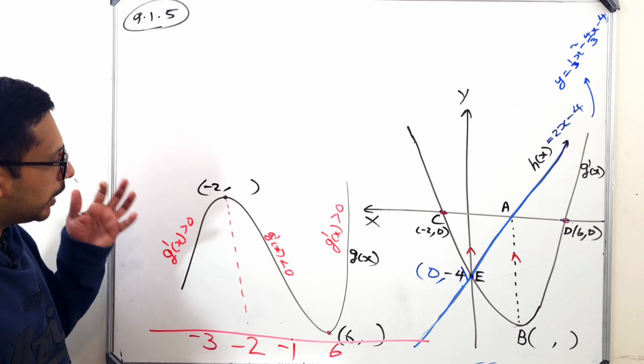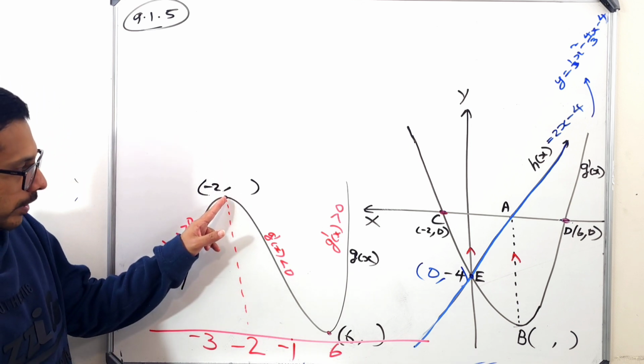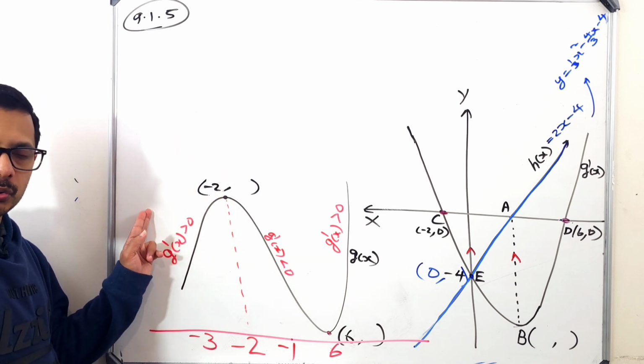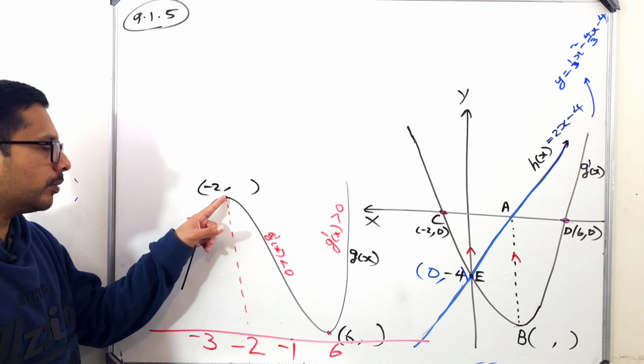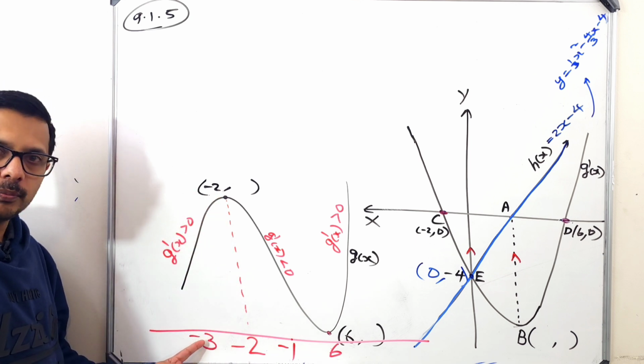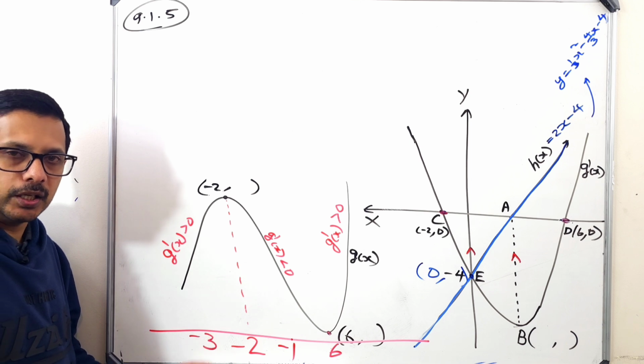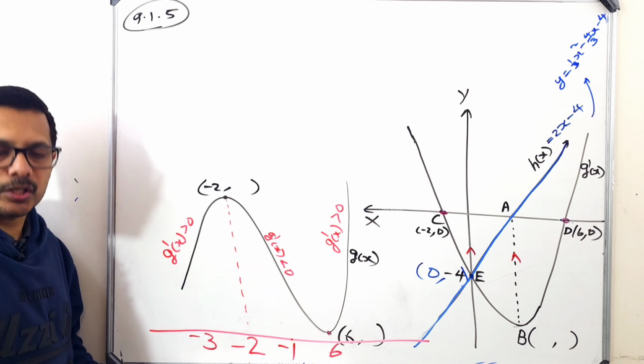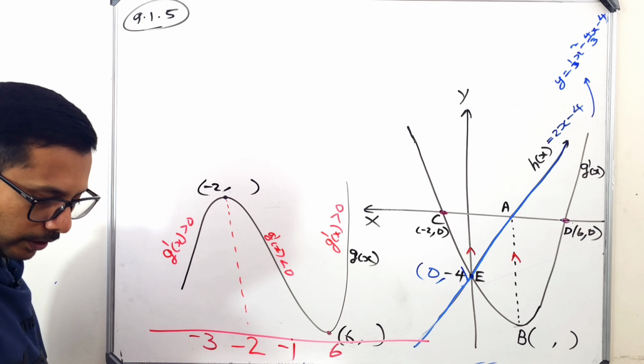Okay, so now let me take an x value before -2. What is the x value before -2? -3, am I right? Then try to find what g dash of x is. Look at how I am going to write.